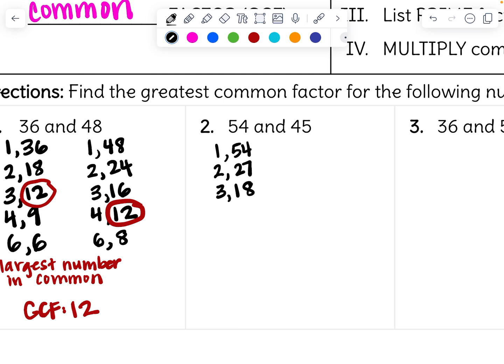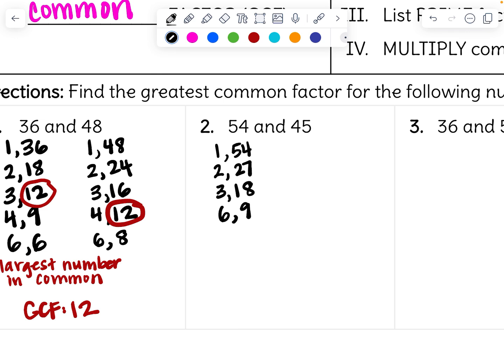Same thing for 5. 54 divided by 6 is 9. And then the only two numbers left in between 6 and 9 are 7 and 8. So you can divide 54 by 7 and 54 by 8. Those would both give you decimals, so we are done with 54.